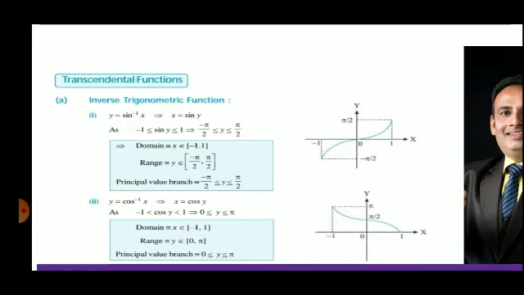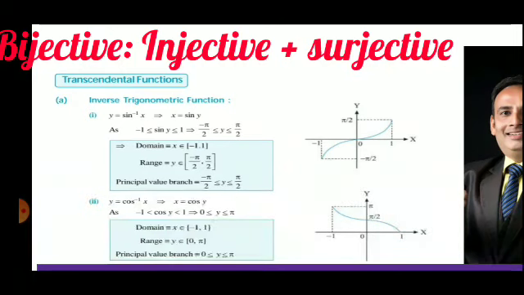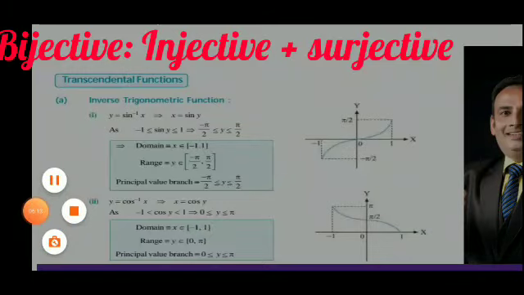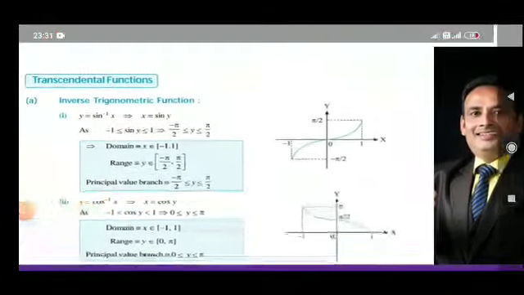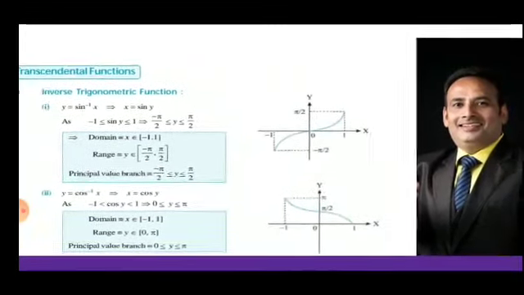Because a bijective function must be both injective as well as surjective. But a trigonometric function, being periodic, is never one-one; it is always a many-one function. So its inverse is not possible.